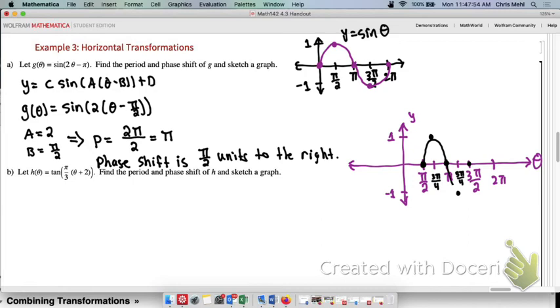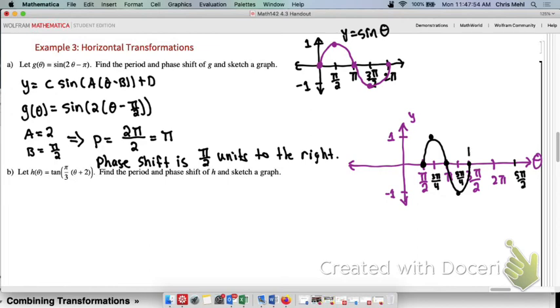So here is what you get if you transform the fundamental cycle of sine for this given function. There's what one cycle would look like. And then now you would just be adding in more tick marks if I want to draw a second cycle. So going to the right, 3 pi over 2 plus pi is going to get me over here to 5 pi over 2.